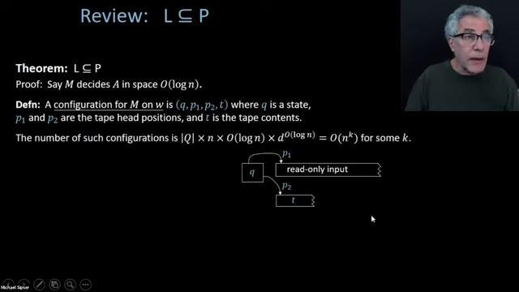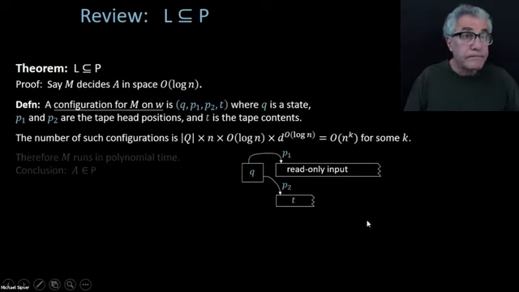The important thing to keep in mind for this theorem is that we have only a polynomial number of different configurations if you just do the calculation. The main part is the number of different tape contents you can have, which is exponential in log n, and that's a polynomial.